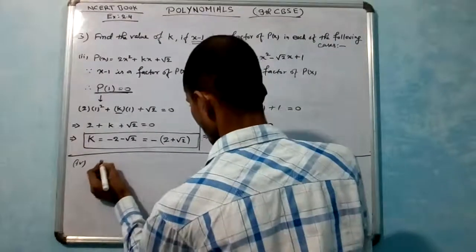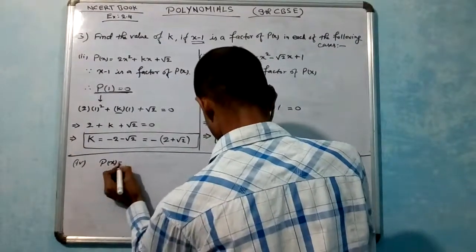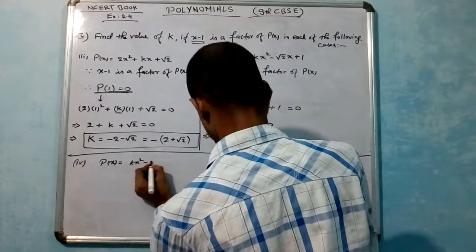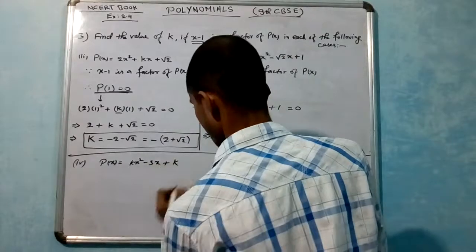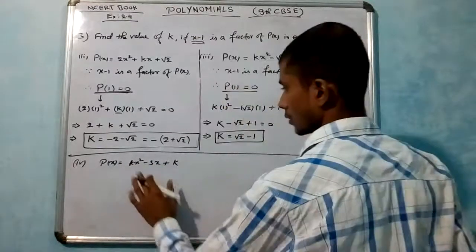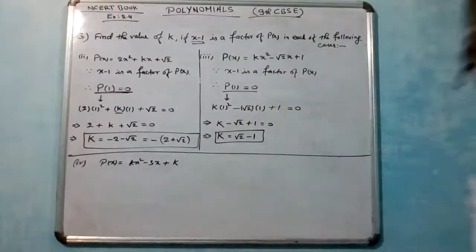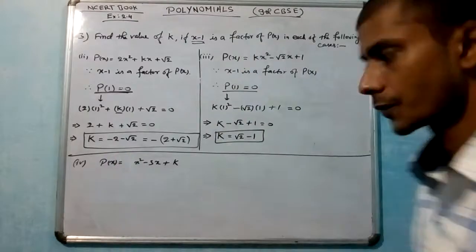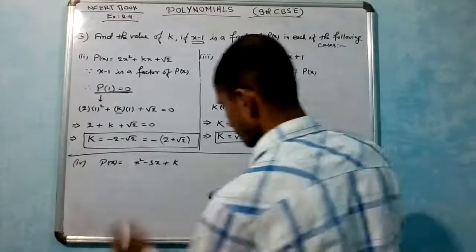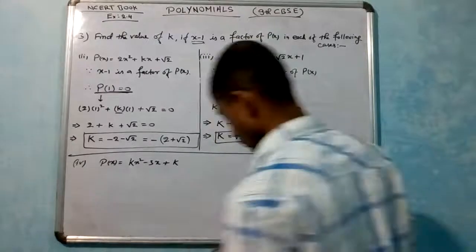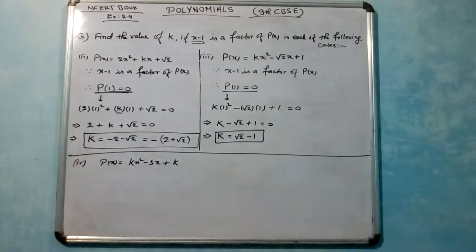Tell me the value fast. P of x. You dictate to me fast. Kx square minus 3x plus k. This is P of x, no? Third, fourth, correct.